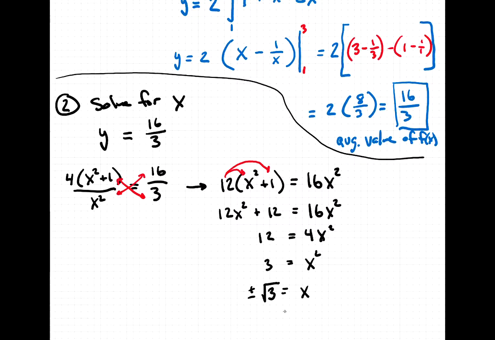Now this means there are 2 x values that have a function value of 16 over 3, or 2 x values that when you plug them into the function, you get 16 over 3. The only one that's in our interval, so our interval is positive 1 to positive 3, the only one in the interval is the positive square root of 3.